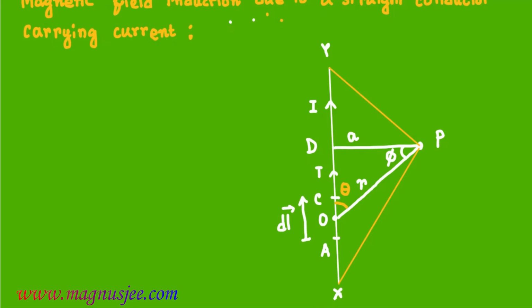The oblique distance of the end Y from the point P makes an angle phi 2 in the clockwise direction.